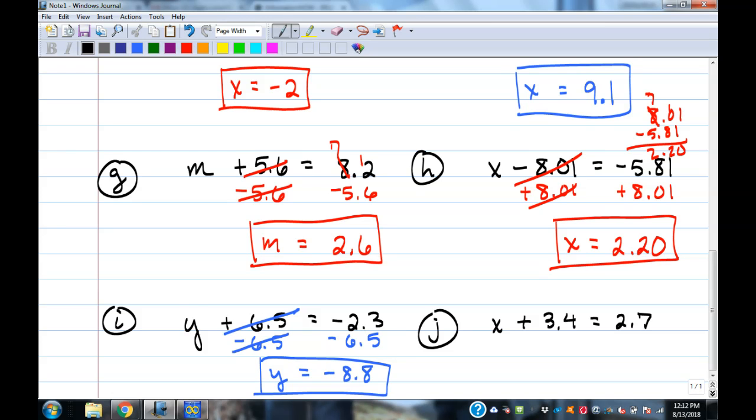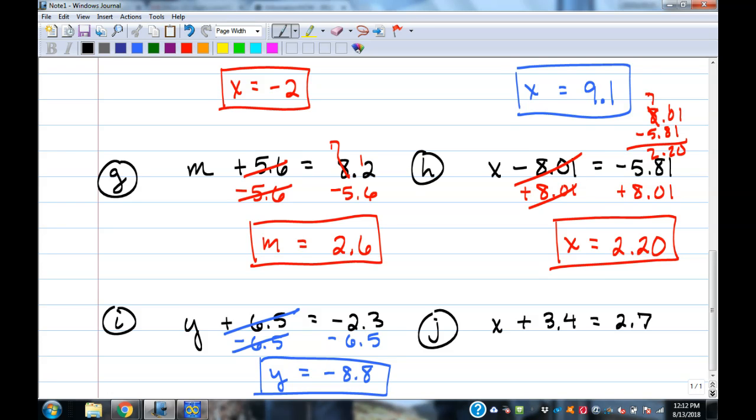You did the right operation. Check your subtraction. I think you subtracted the wrong way. Same thing. You did the right operation, but your subtraction you did the wrong way. Keep the sign of the bigger one.